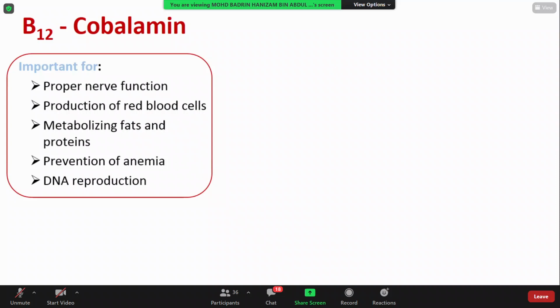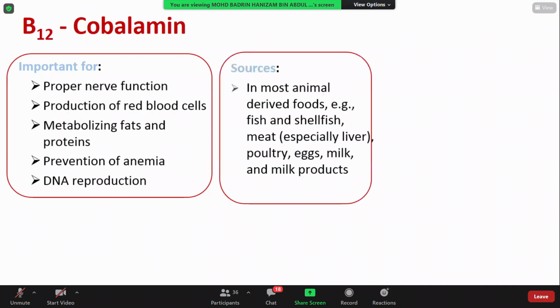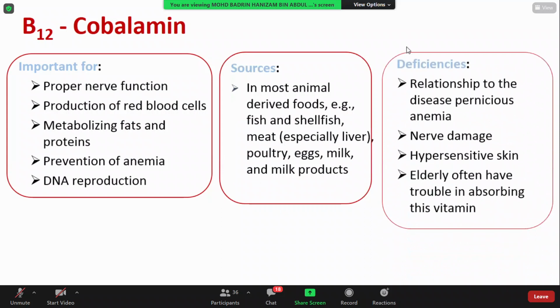Because producing red blood cells also prevents anemia, and DNA production. The sources of vitamin B12 are most animal-derived foods: fish, shellfish, meat, especially the liver, poultry, eggs, milk, and milk products, all animal-based diet.